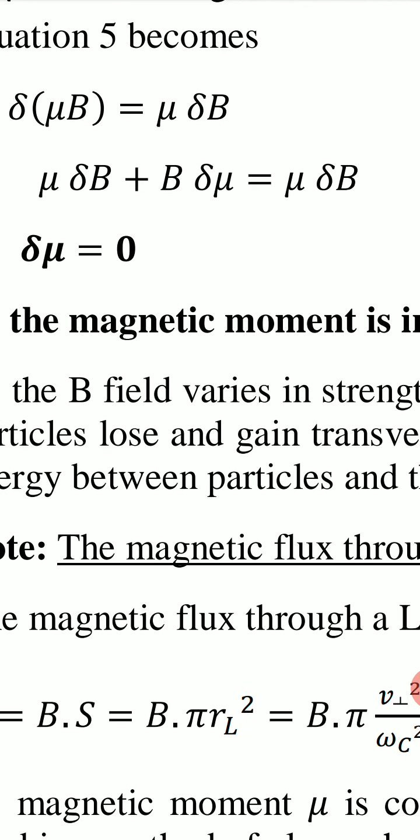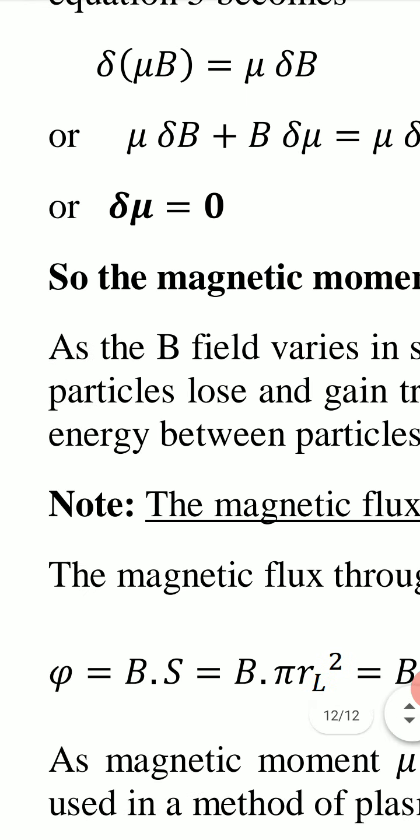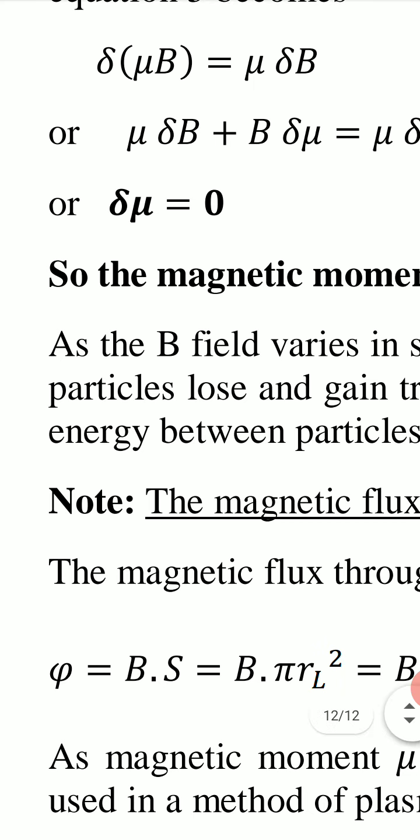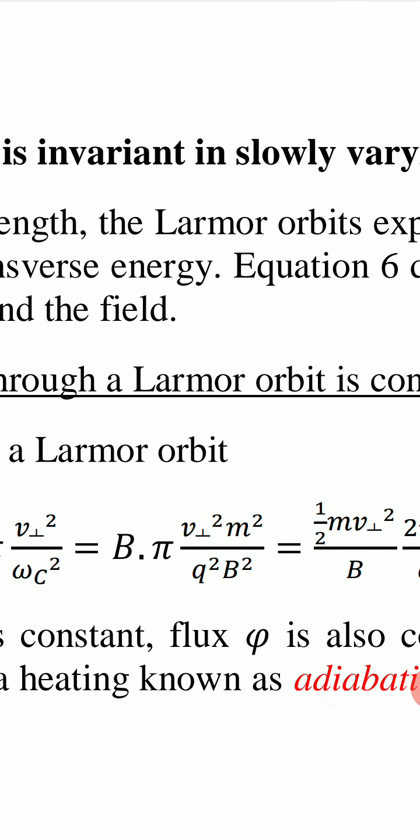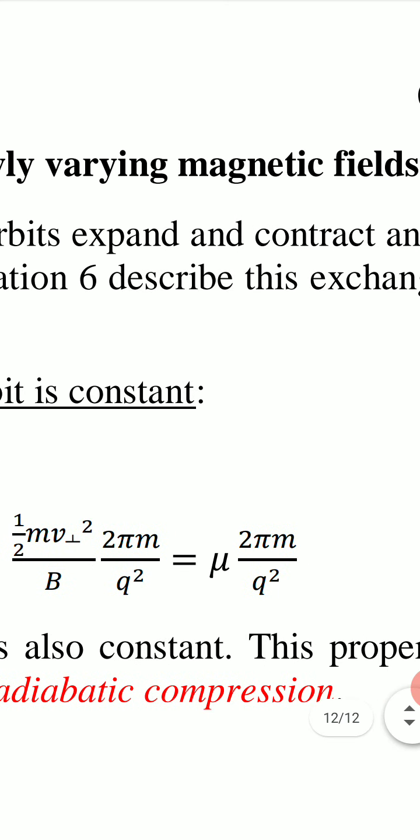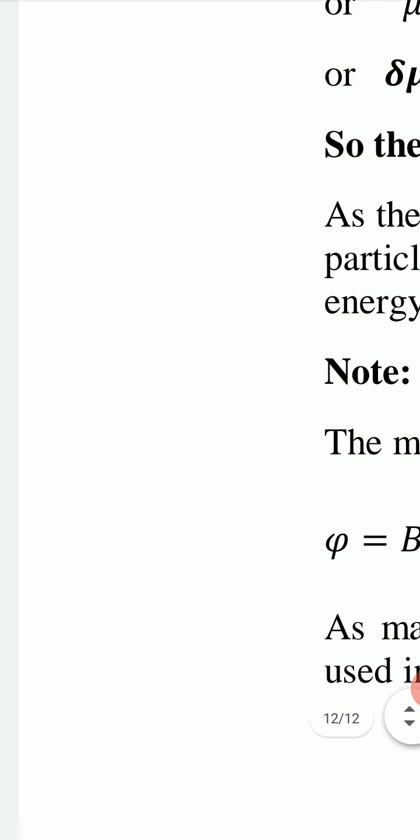Mu delta b is on both sides, so it cancels out, and we have b delta mu equal to 0. Since b is not equal to 0, delta mu is equal to 0. Delta mu is the change in magnetic moment of the charged particle. So the magnetic moment is invariant, that is constant, in slowly varying magnetic fields.